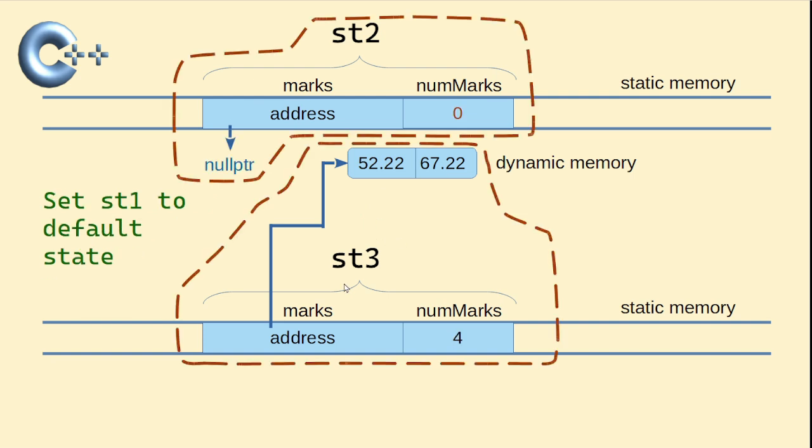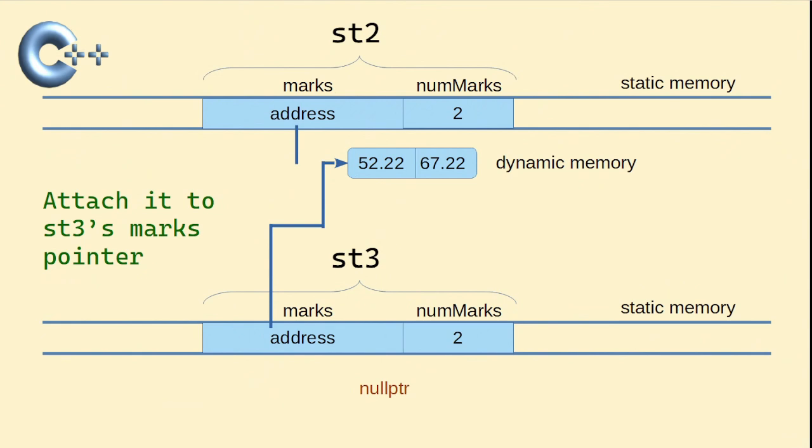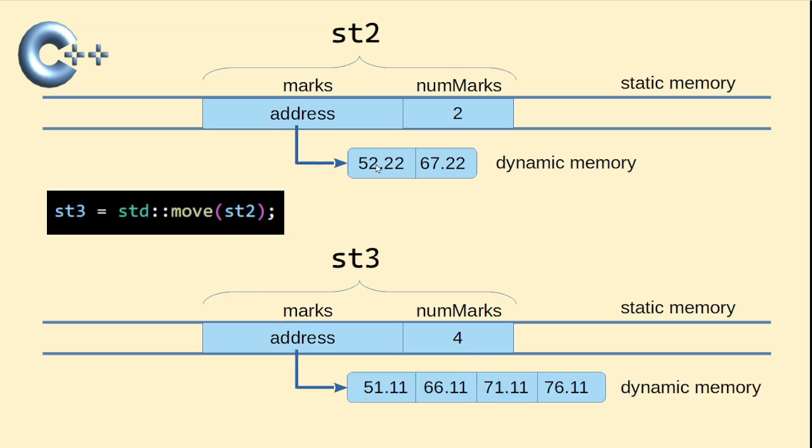So now at this point this dynamic memory space belongs to st3. It doesn't belong to st2 anymore. So st2 is set to the default state, marks set to nullptr and number of marks set to 0. So this is how this move assignment operation works.